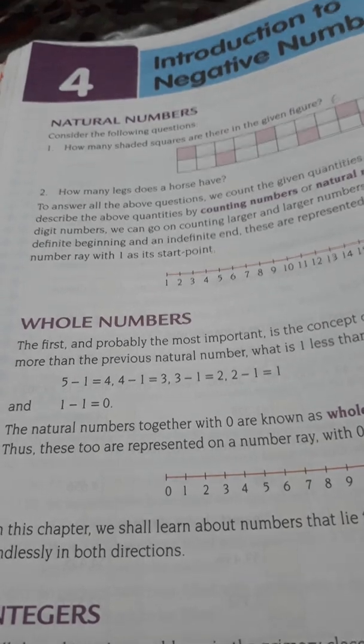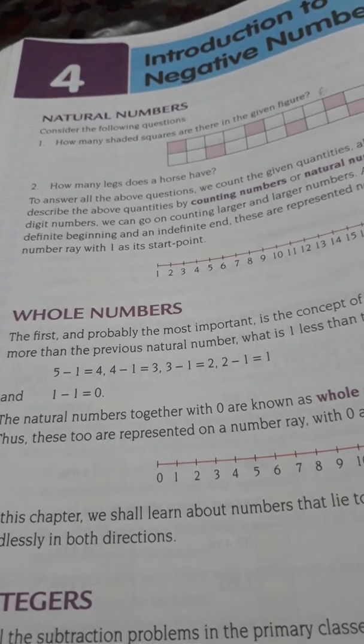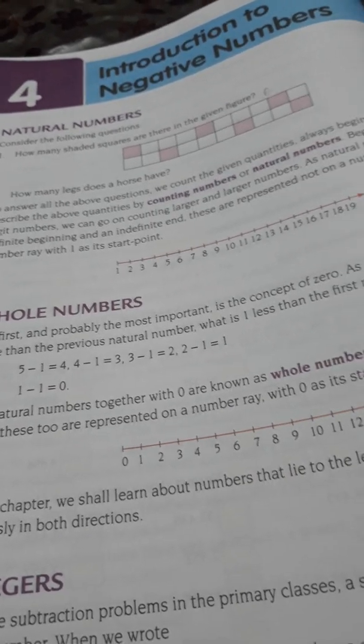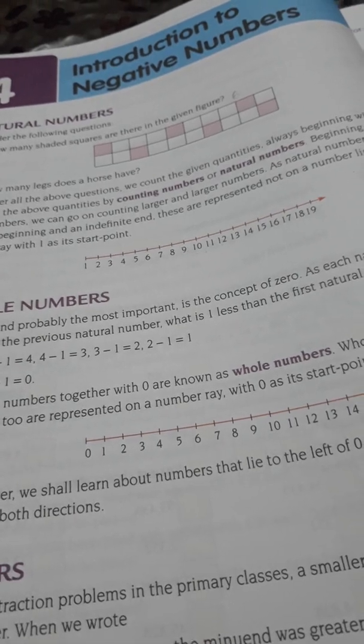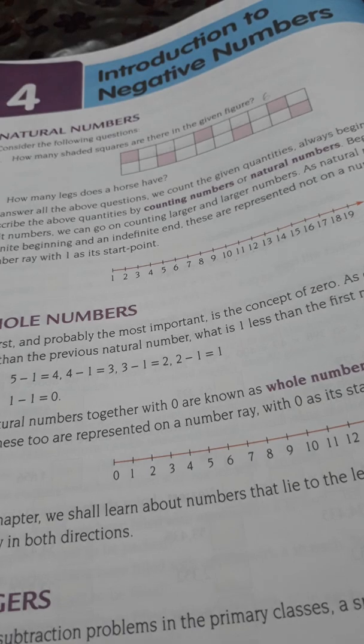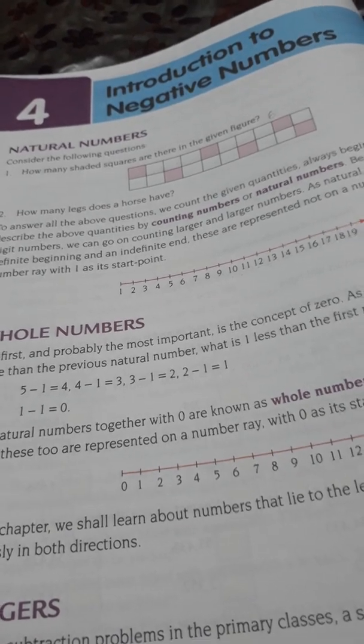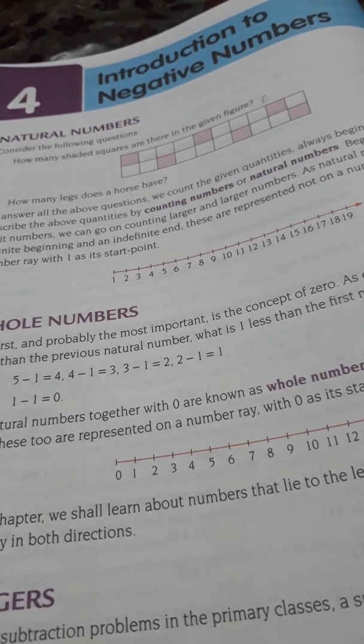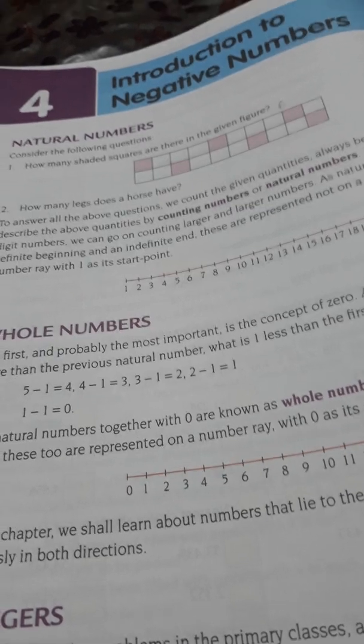So next is the whole number. What is a whole number? The first and probably the most important is the concept of zero. The natural numbers we have already learned. Now the important thing is that zero is a very important part of mathematics.